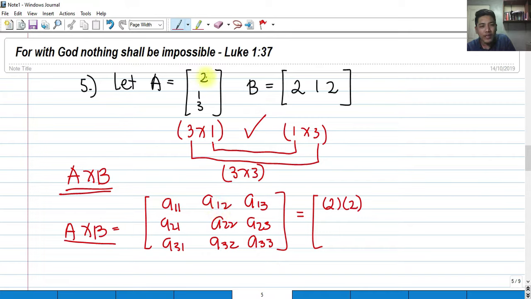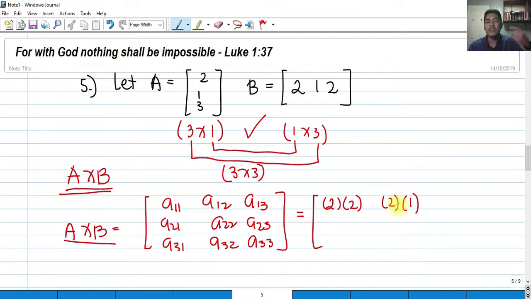Row 1 of matrix A and column 2 of matrix B. So we multiply 2 times 1. In fact, that is a summation, the sum of products of all of the rows and columns. Since we only have one element in terms of row in A and one element in terms of column in B, this is our result.